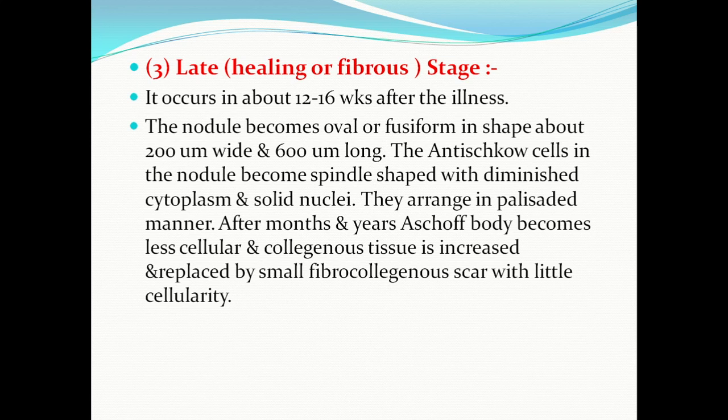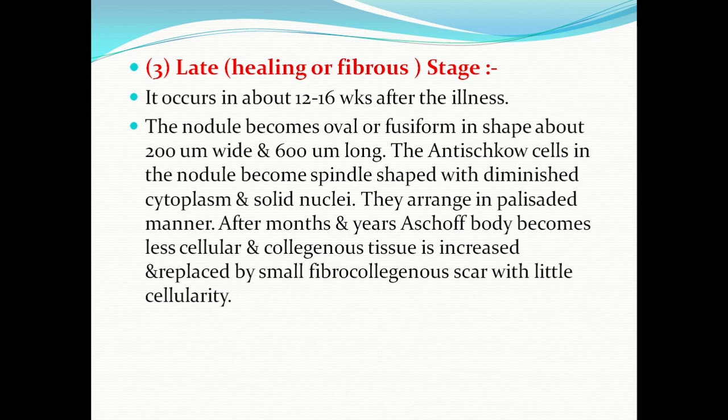Again, this palisaded manner we already discussed in our practical class of basal cell carcinoma. But later on in the slides we can see which type of arrangement this is. After months or years, this Aschoff body becomes less cellular and collagenous tissue is increased, and it is replaced by a small fibrocollagenous scar with little cellularity.